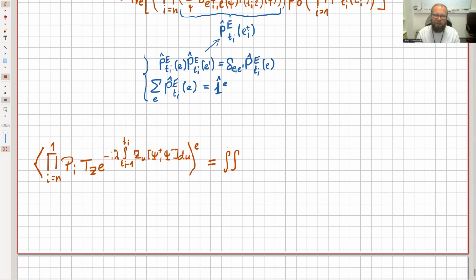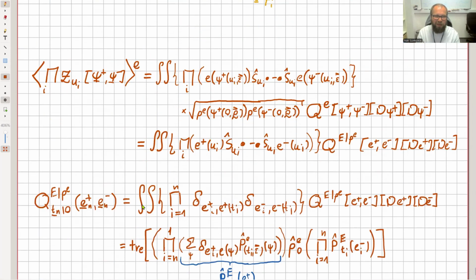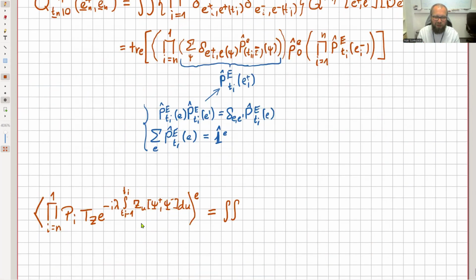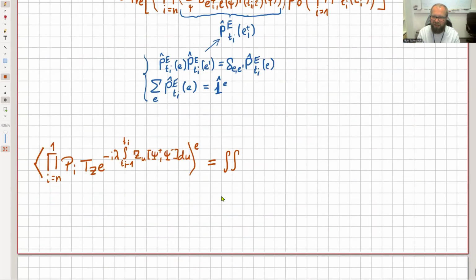We change, because I can expand it into a product, into a combination of moments, and in each moment I can do this change of variables like here.